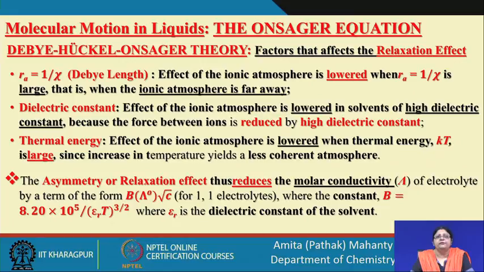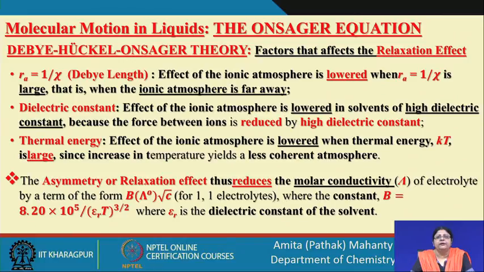So, we can reduce the effects of the ionic atmosphere if we increase the RA, the radius of the ionic atmosphere. If the Debye length is large, and if the dielectric constant of the solvent is large, as well as if the temperature of the system is high.